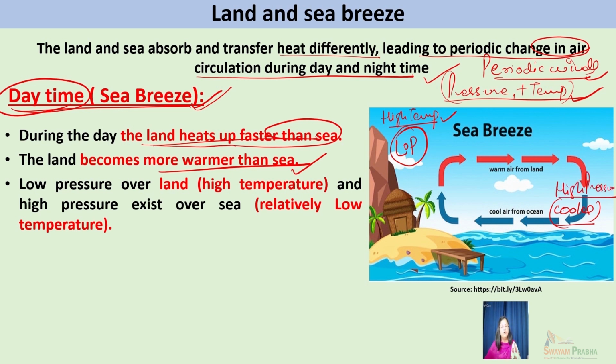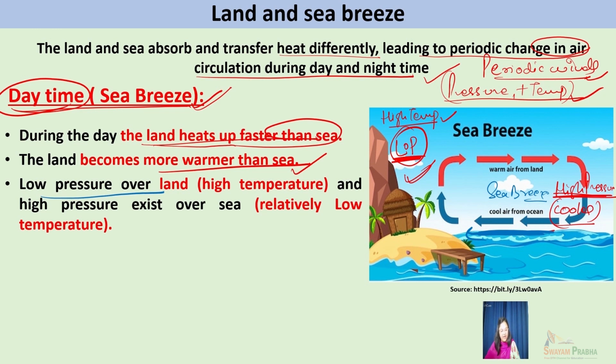As a result, we already know that winds blow from high pressure towards the low pressure. So cool winds will blow from the high pressure sea surfaces towards the low pressure land areas, and therefore it is called as sea breeze.